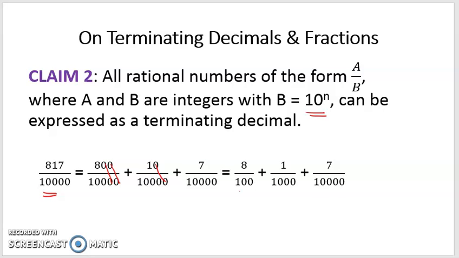So now I have my places: the hundredths, the thousandths, and the 10,000ths. So 817 over 10,000 is going to be 0. There's no tenths. 8 hundredths, 1 thousandth, and 7 ten-thousandths. So this fraction written over a power of 10 can be written as a terminating decimal.